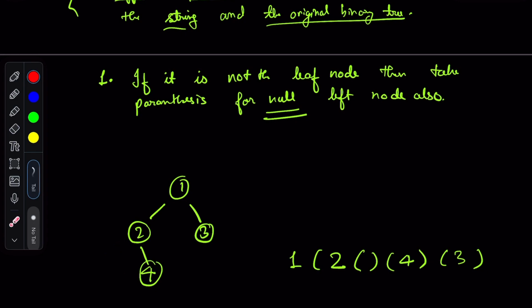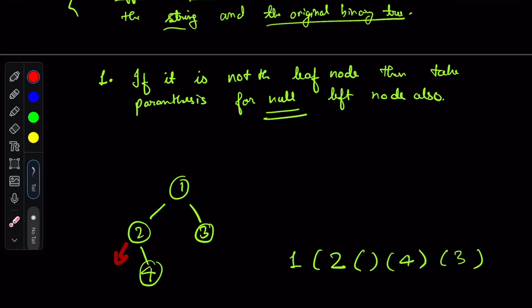But what condition have we put? If the parent of the null is not a leaf node and it is the left child of the parent, then we have to include it in the parenthesis. So we will open a parenthesis and then close it.